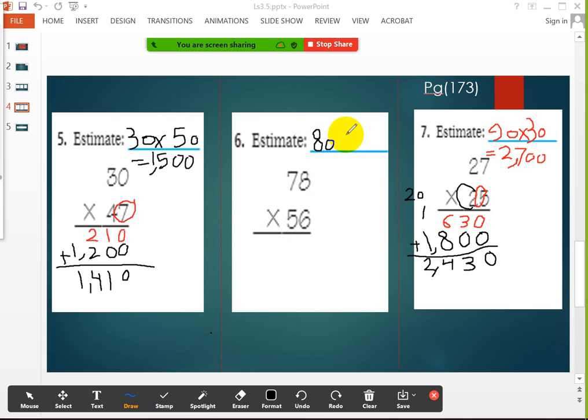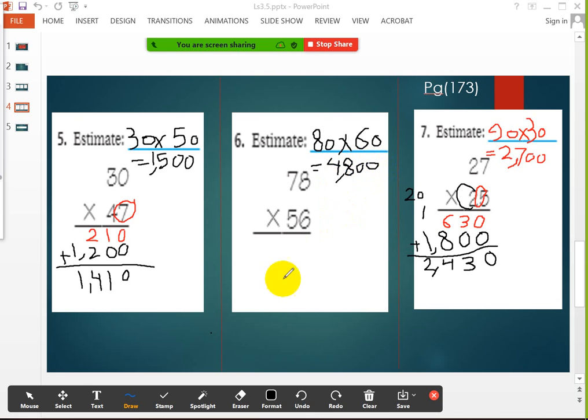And I have to add 1 to the tens, because the number before the tens, 6, is greater than 5. That means I will add 1 to the tens and it will be 60. 8 multiply 6 equals 48, and put 2 zeros next to the answer, so it will be 4,800.